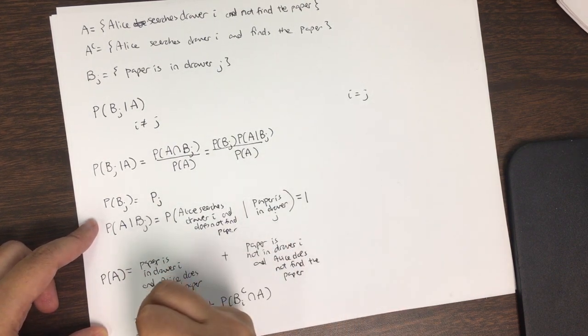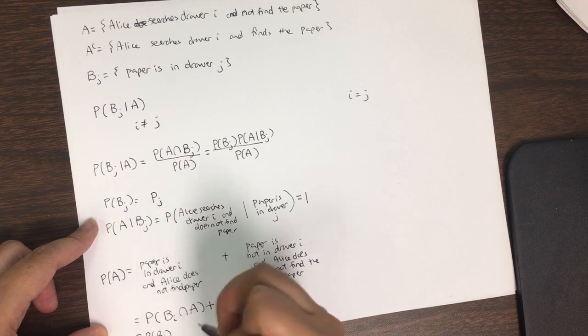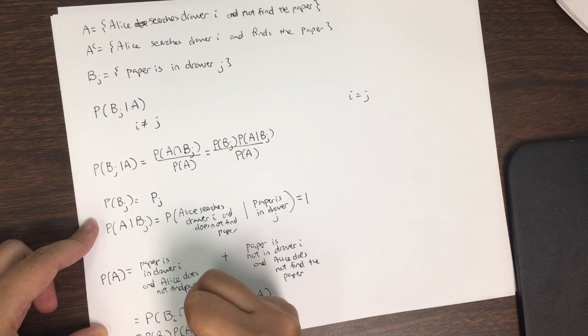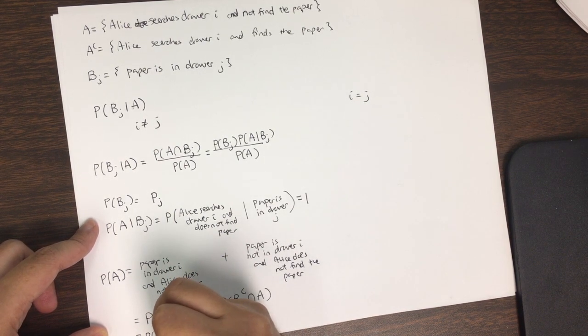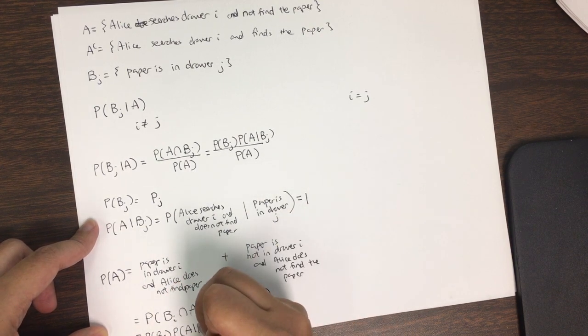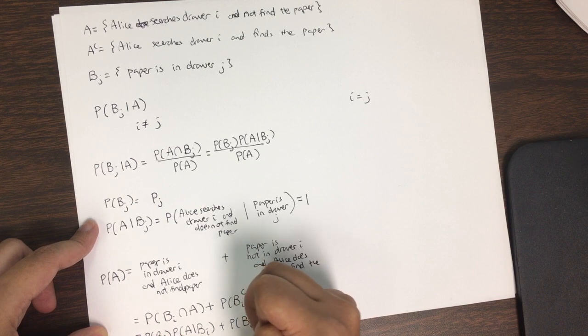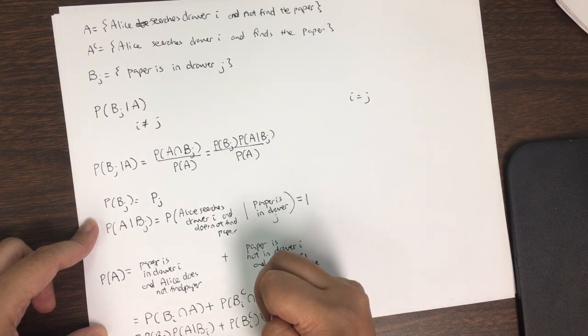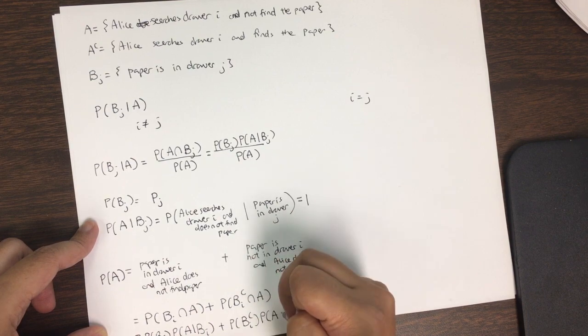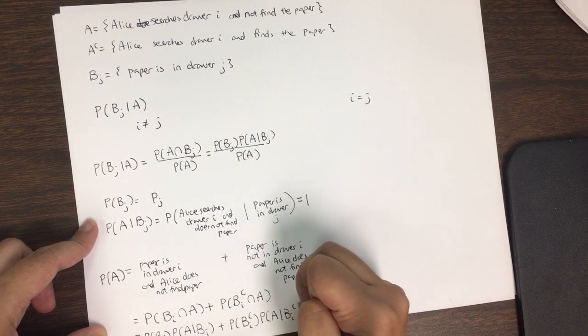We know that this is the probability of BI times the probability of A given BI, plus the probability of BI complement times the probability of A given BI complement.